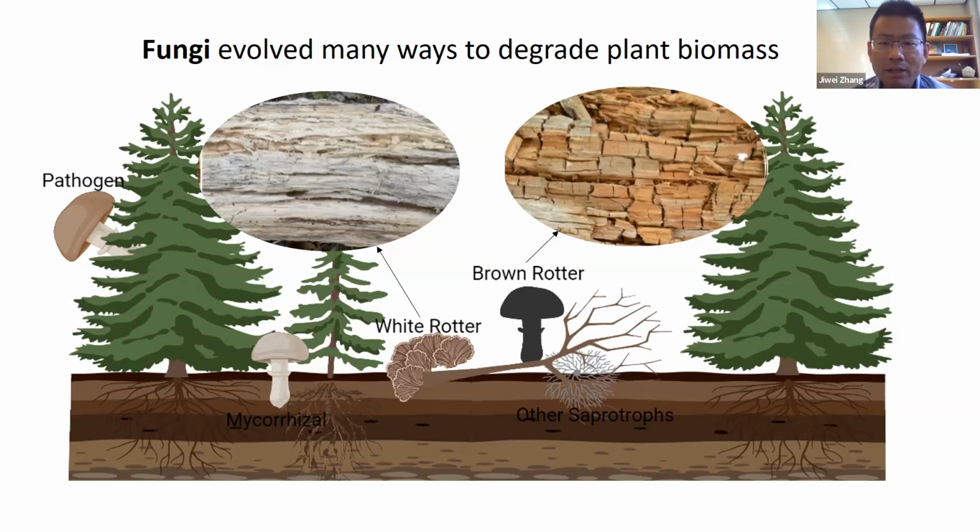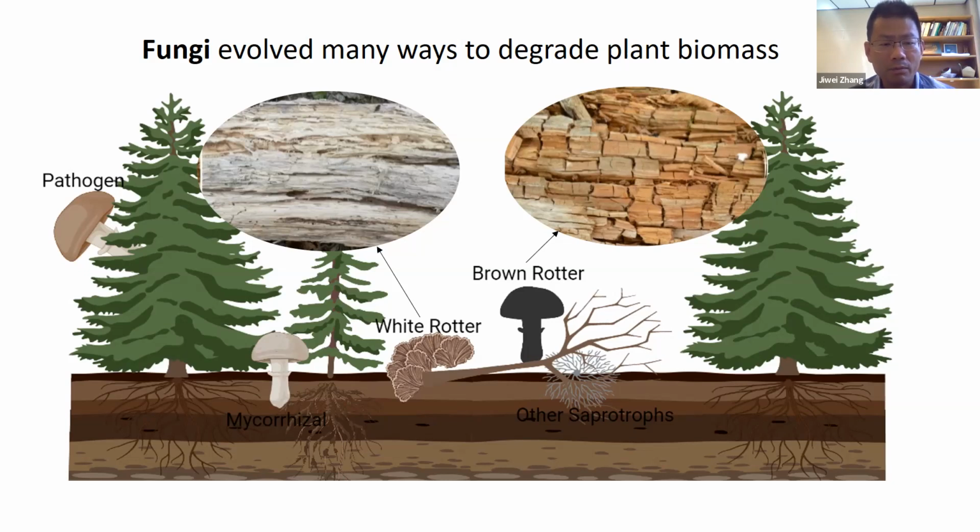And they are the main contributors that can degrade the wood and recycle the carbons into the atmosphere. So these two fungi use different ways to decay the wood. White rot fungi actually can decompose everything. They can degrade everything in the wood.